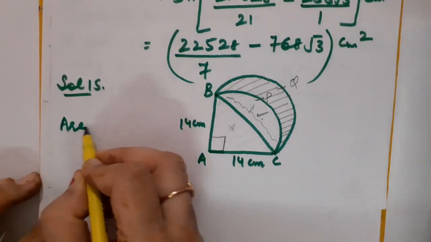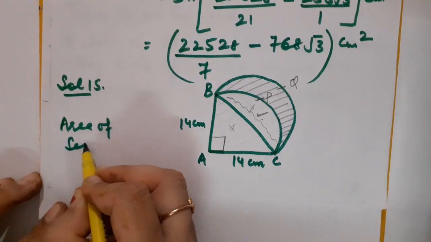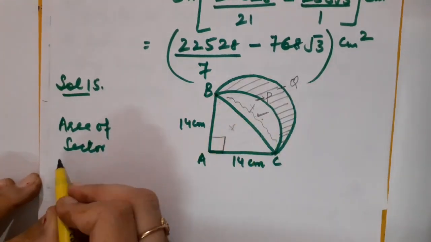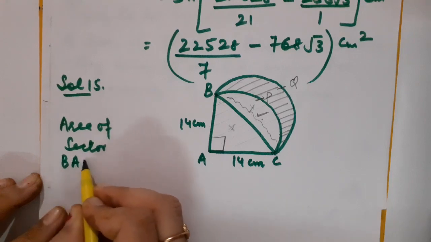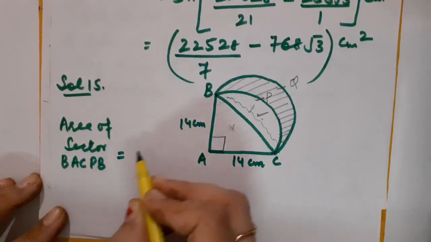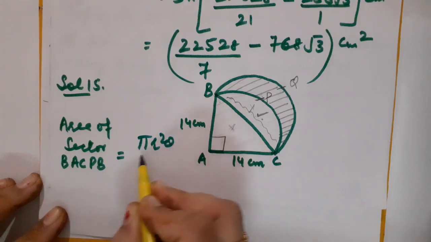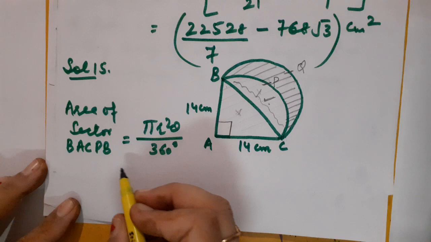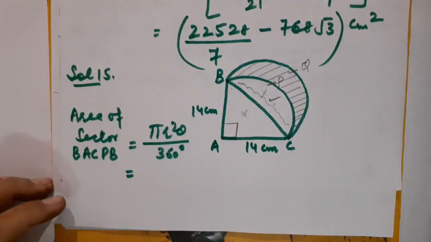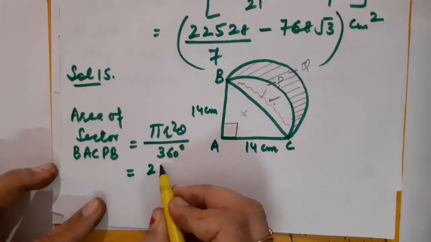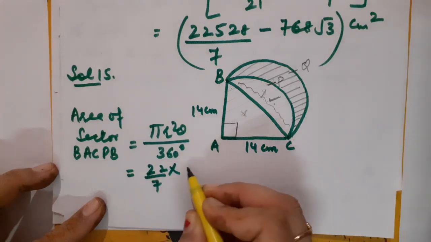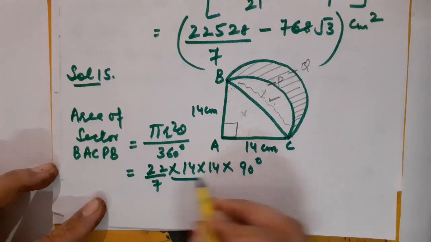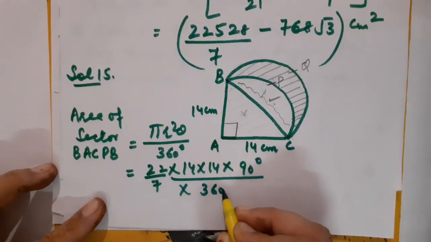First of all, area of sector. Let us give the name, that is BACPB. Formula you know, that is pi r square theta upon 360 degree. Theta also we know, that is 90 degree. So let us substitute the values. This is 22/7 into radius 14 into 14, into theta 90 degree upon 360 degree.